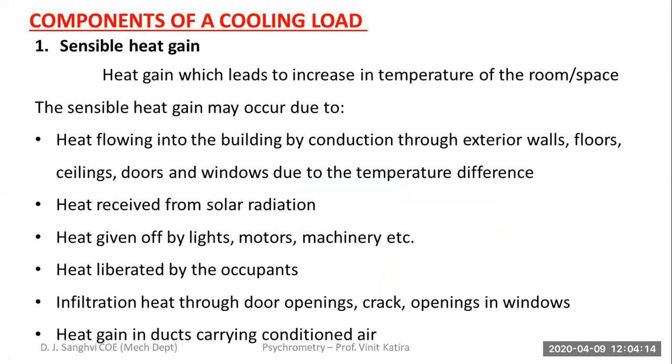We discussed the components of cooling load, which are the sensible heat gain and the latent heat gain. I'll just briefly go through what all is there in the sensible heat gain.